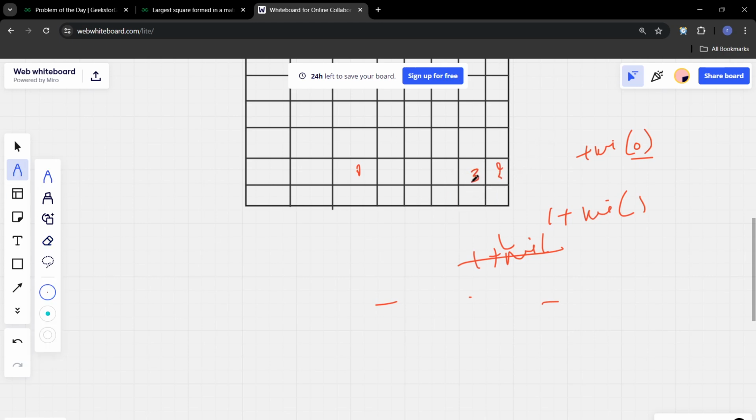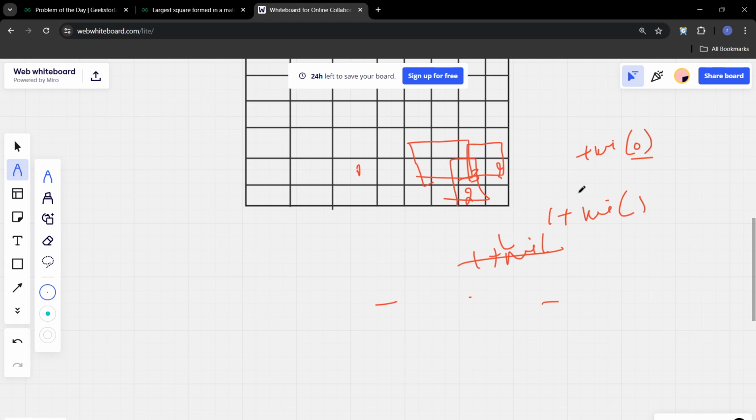If 2 is there, here 3 is there. If 2 is there, 2 means what? It can form a square of side 2. Here 3 means it can form 3, a square of side length 3. Here 2 means a 2 length square is there. A 2 length square means at least it will cover these two, right? This is a square. 3 means it will cover 3. 2 means it will cover the 2.